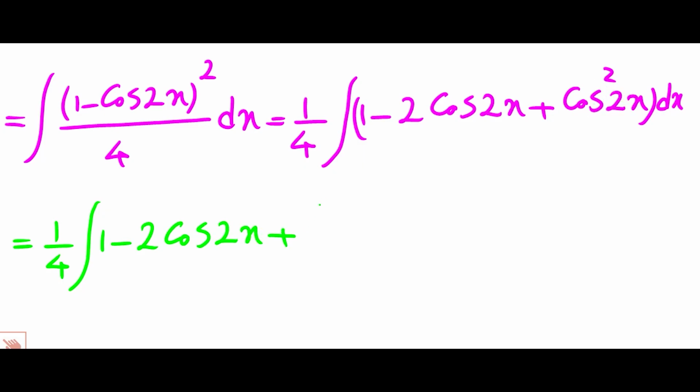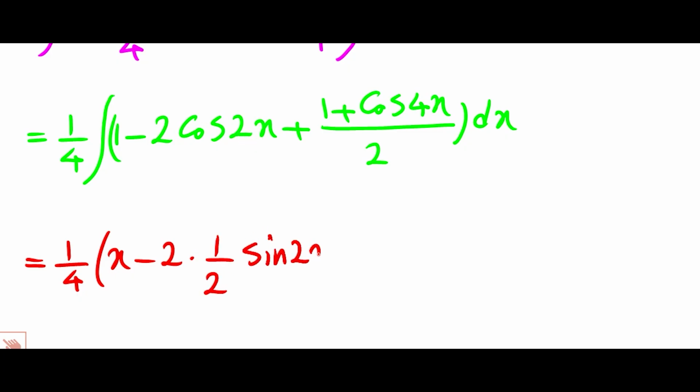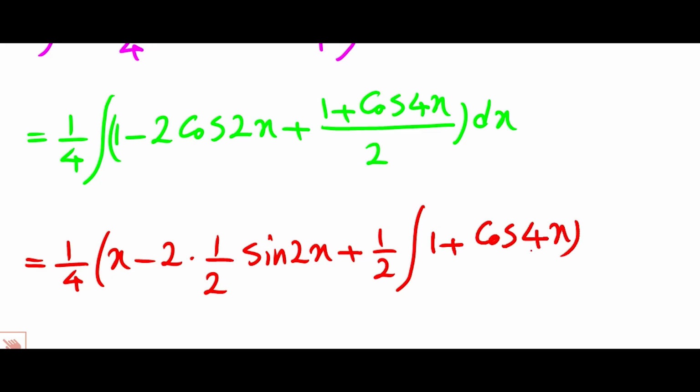So we have 1/4, the integral of 1 minus 2 cosine of 2x plus cosine squared of 2x, which equals (1 plus cosine of 4x) over 2, dx. Right? So we have 1/4 times the integral of 1, which equals x, minus 2 times the integral of cosine 2x, which equals 1/2 sine of 2x, plus 1/2 times the integral of (1 plus cosine of 4x) dx.